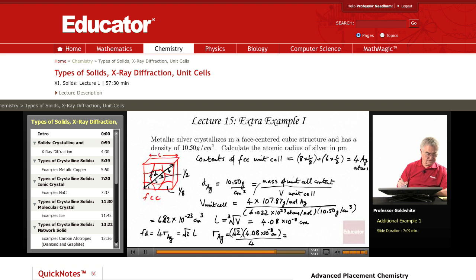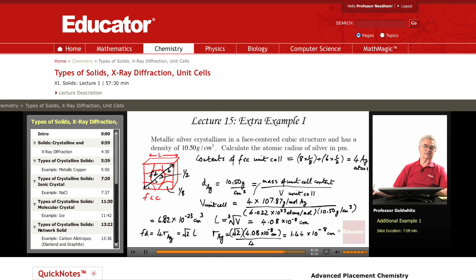And that equals 1.44 times 10 to the negative 8 centimeters. In older usage, 10 to the negative 8 centimeters used to be called an angstrom unit. And therefore, in older literature, you'll find the radius of a silver atom reported as 1.44 angstrom units.